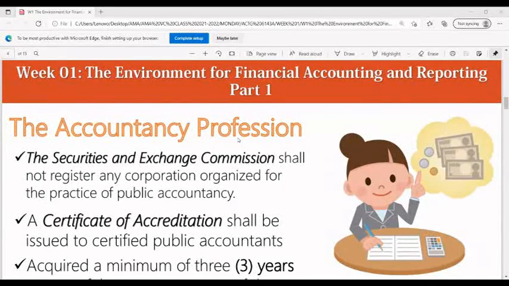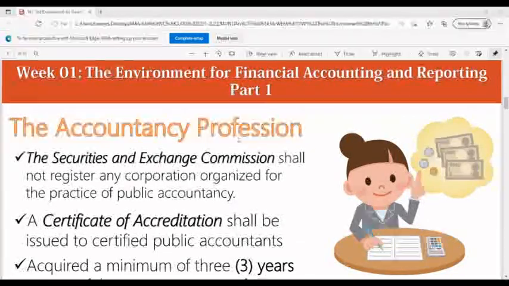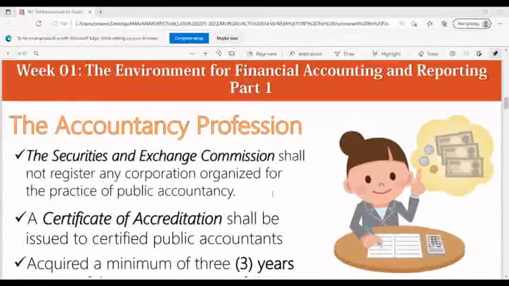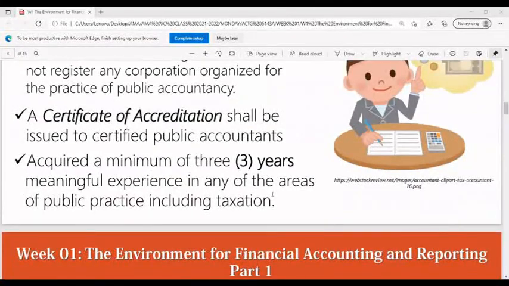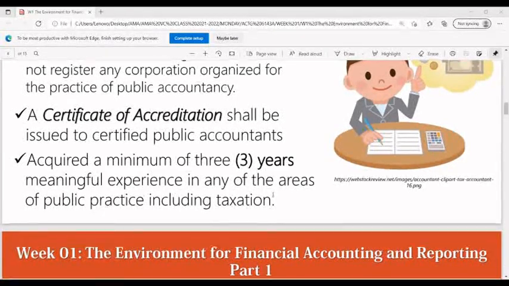And for the accountancy profession, the Securities and Exchange Commission shall not register any corporation organized for the practice of public accountancy, and a certificate of accreditation shall be issued to a certified public accountant who has acquired a minimum of 3 years meaningful experience in any of the areas of public practice, including taxation, class.